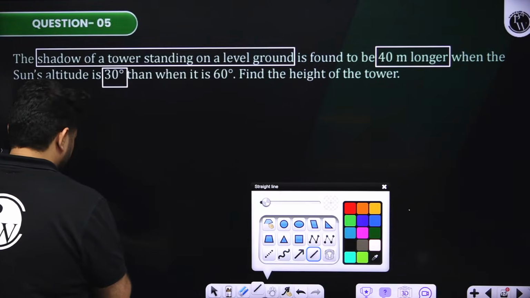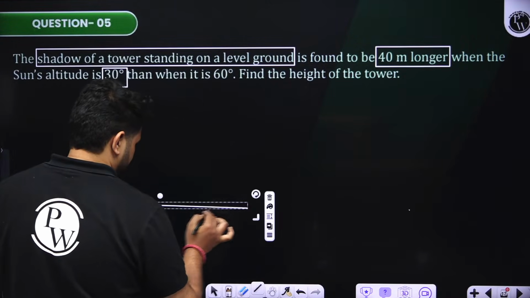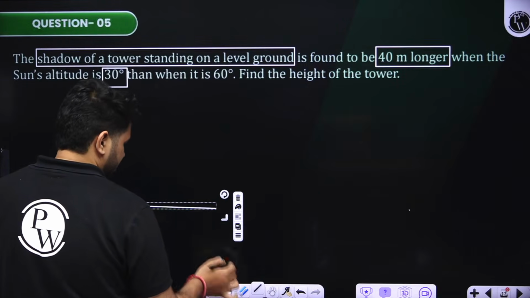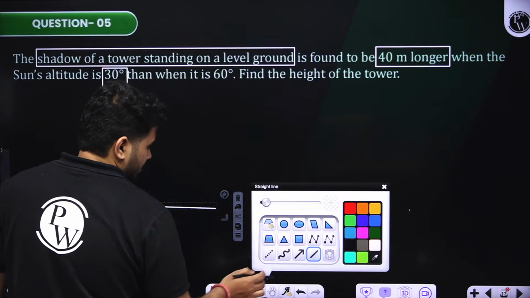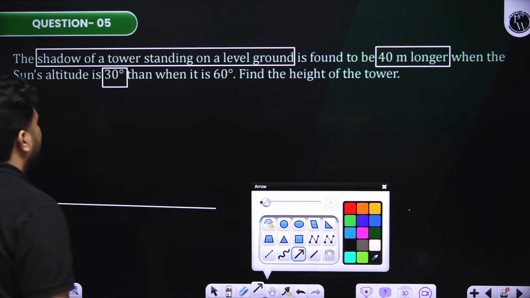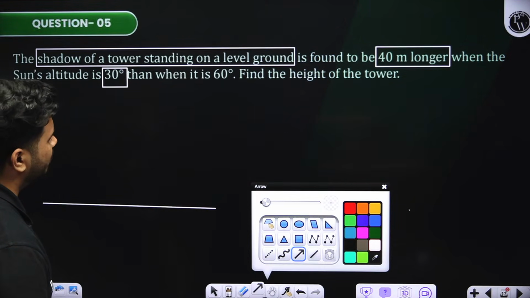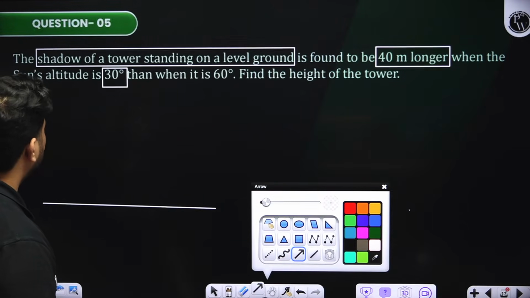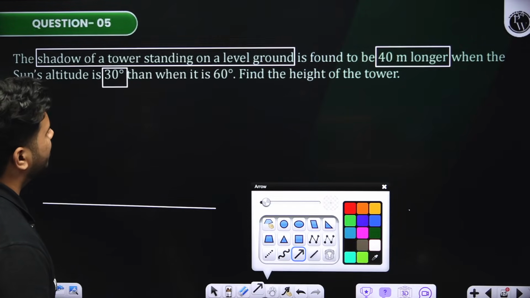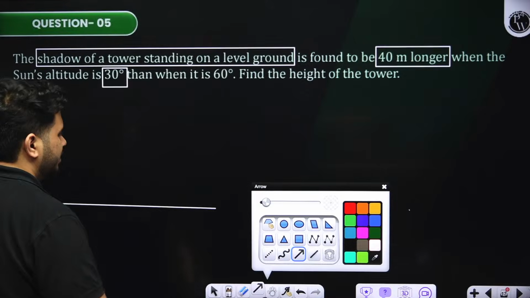So here they are telling that the shadow of a tower standing on a level ground is found to be 40 meters longer when the sun's altitude is 30 degrees than when it is 60 degrees. You need to find the height of the tower.